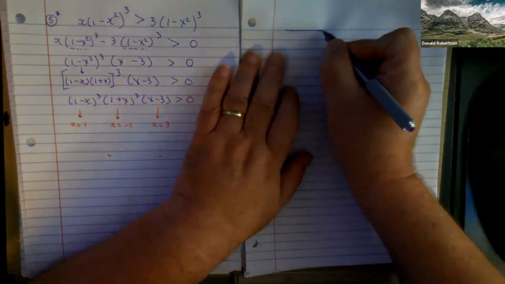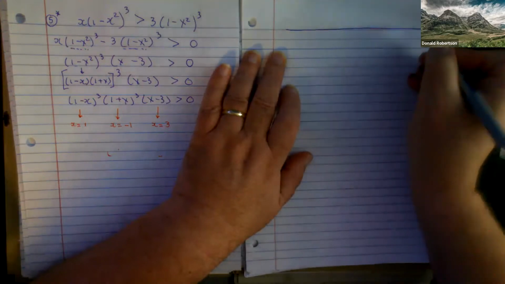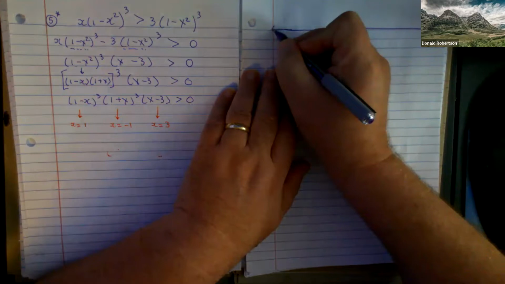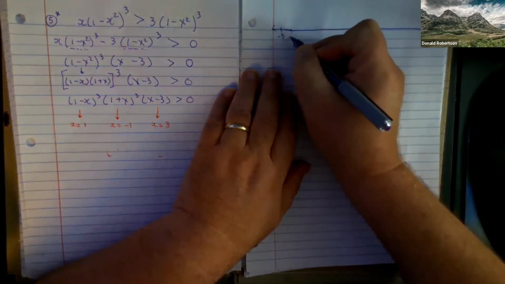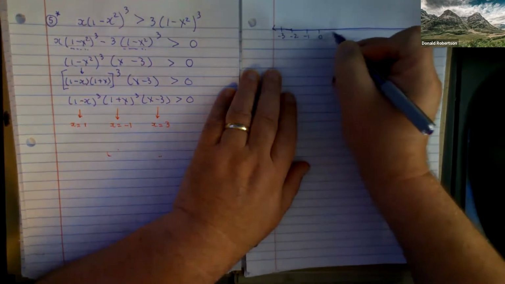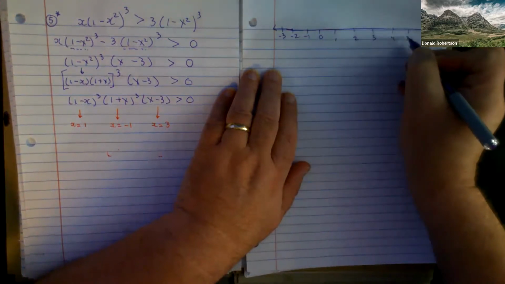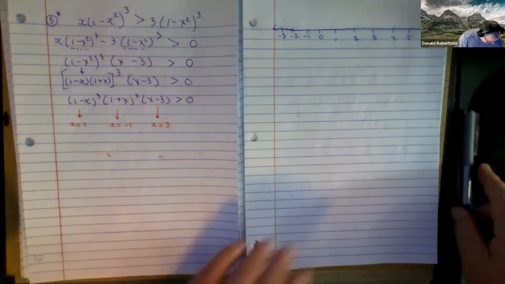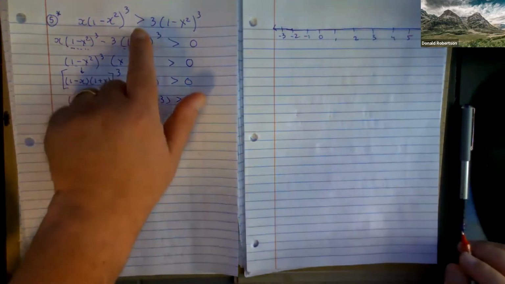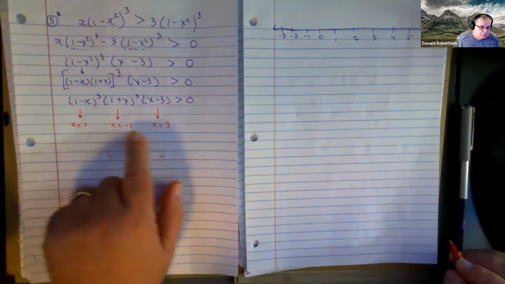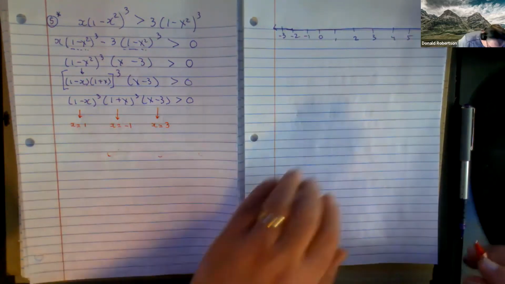So I think over here I'll do my number line. And I need to have at least −1 in it. So how about −3, −2, −1, 0, 1, 2, 3, 4, 5. There's plenty. And it is greater than 0. So these 3 critical numbers cannot be used in the solution.